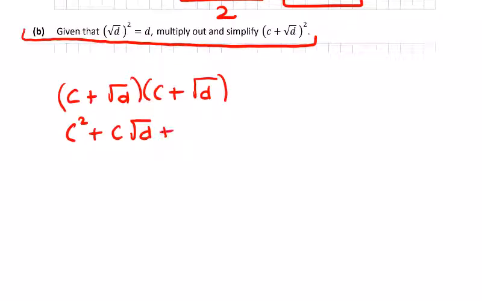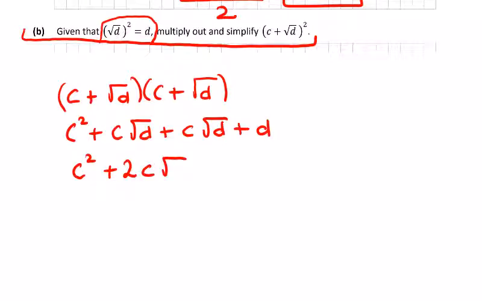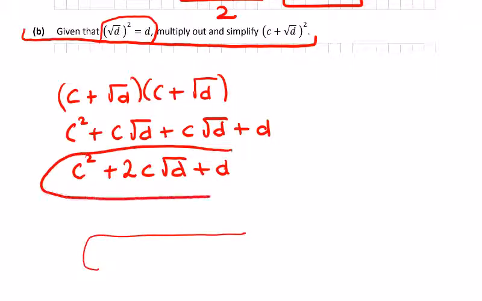You might see that we're going to get 2 of them, plus c times root d plus root d by root d. For some reason they told you this is equal to d. You should know this already. But this is c squared plus twice c root d, or root dc, whatever way you want to write it, plus d for this one. A kind of strange multiplying brackets question in 2017.